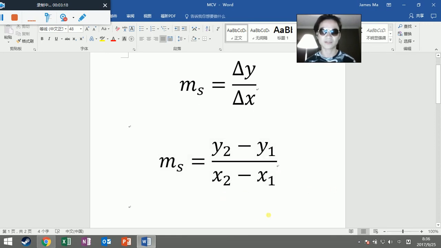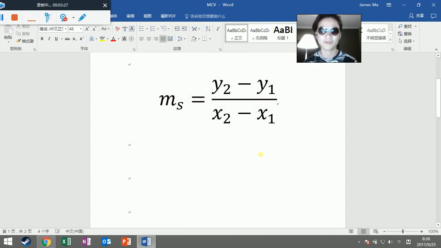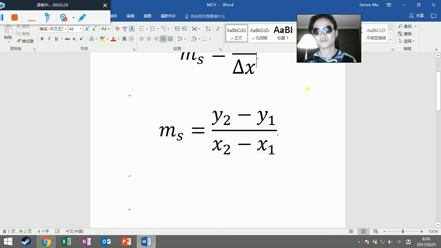The x value is in the denominator and the y value is in the numerator. That is the base formula to figure out the rate of change of a secant line.